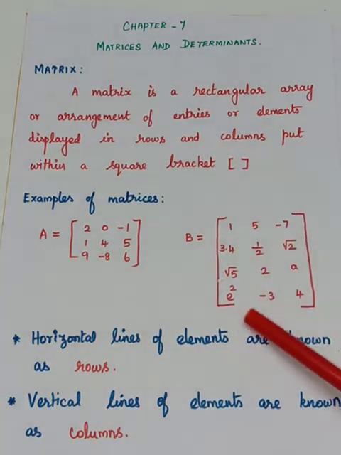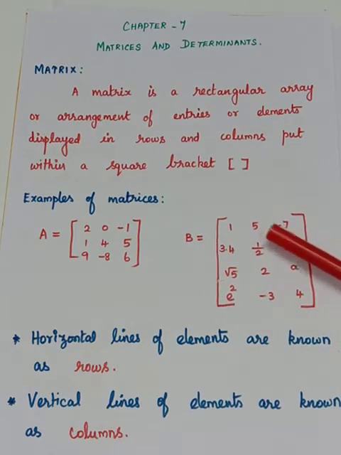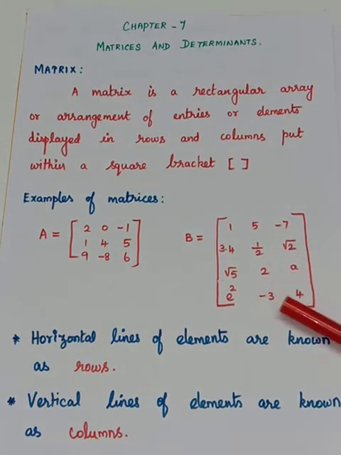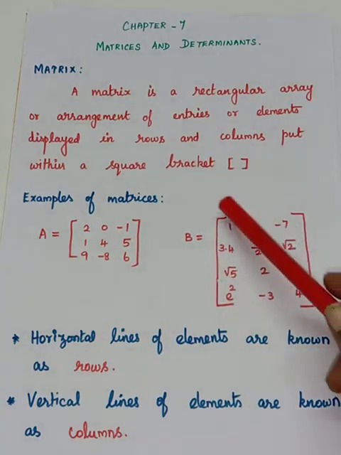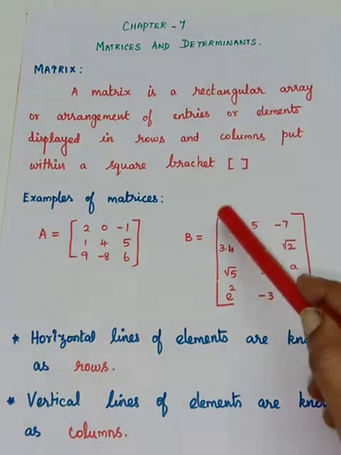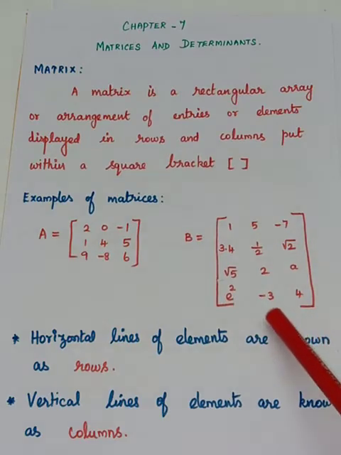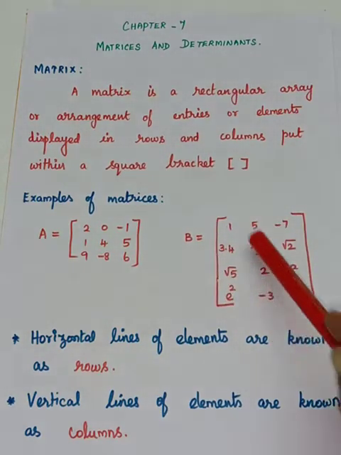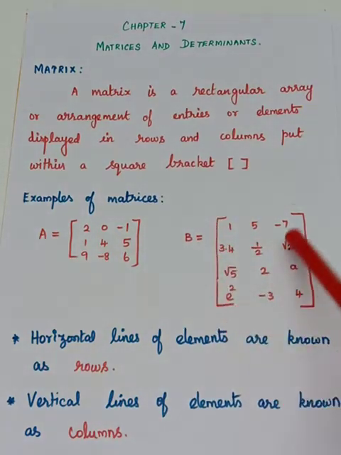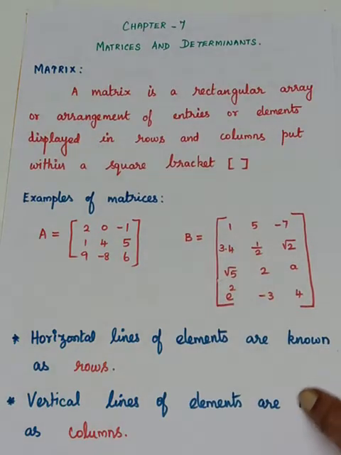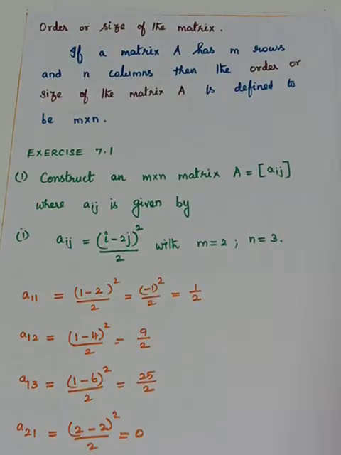You see the second column in the B matrix, what is it? 5, 1 by 2, 2, minus 3. Okay. So you see that it is a rectangular arrangement of elements displayed in rows and columns and put within a square bracket, called a matrix. Okay, you see that.